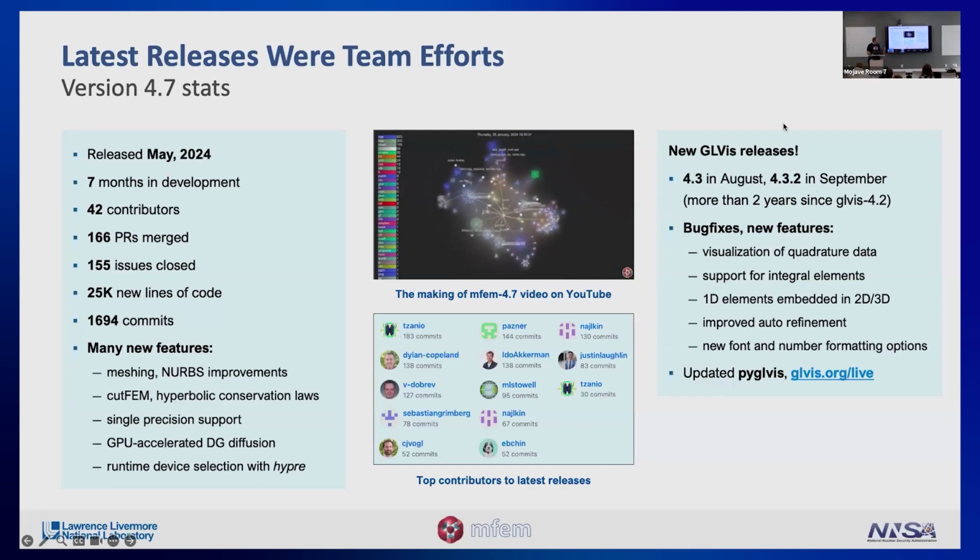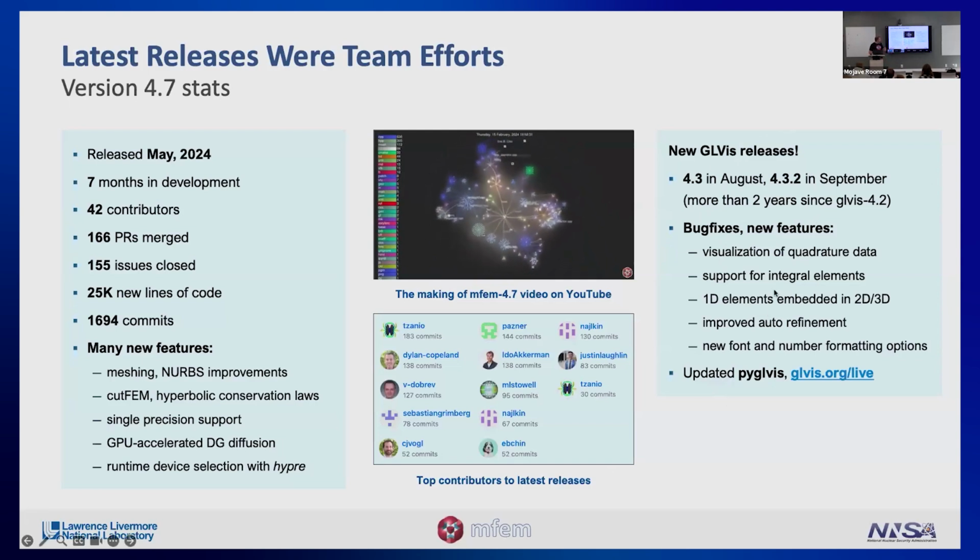GLVis 4.3 in August. This had a lot of cool updates, but also new features like being able to visualize quadrature point data, that I think a lot of you may find useful if you have data at the quadrature points and you want to look at it. We have several options for that. I will show in a second.